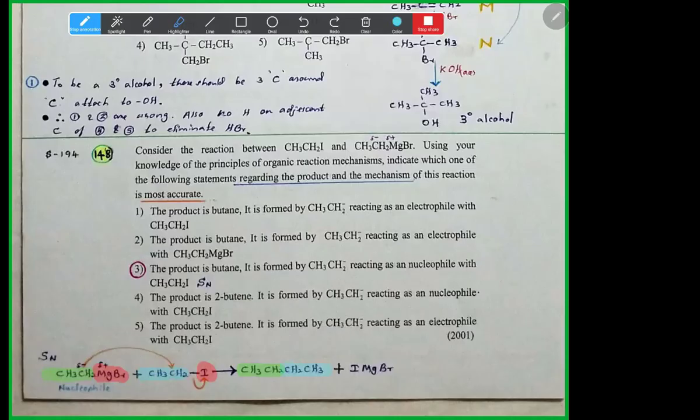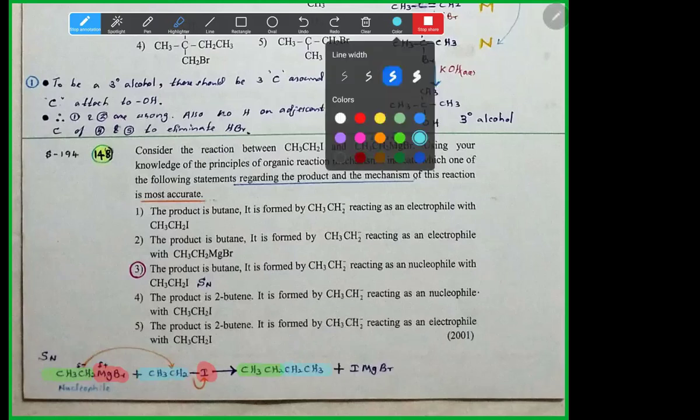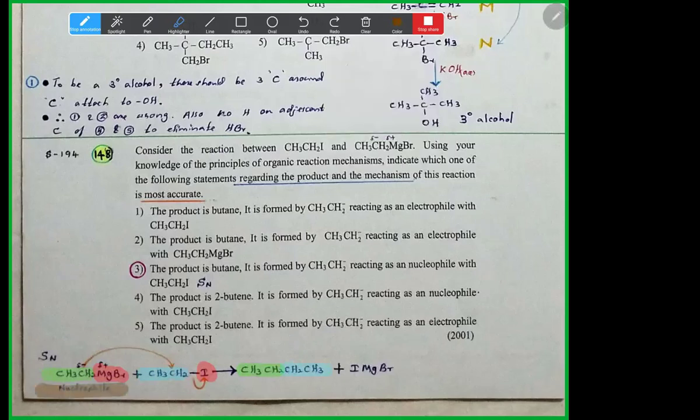The product is butane. CH3CH2 is the nucleophile. Green is the nucleophile, reacting with CH3CH2I. With respect to CH3CH2I, the reaction is SN. 148, answer 3.